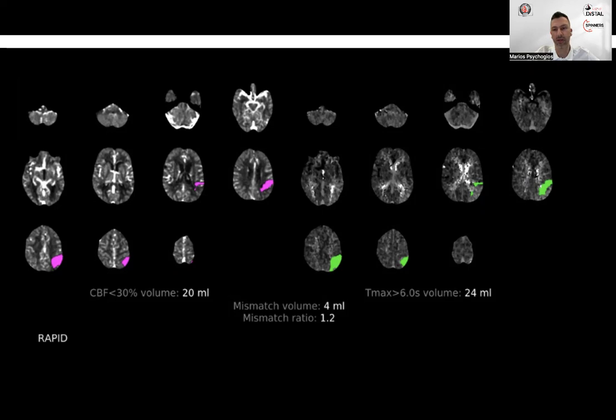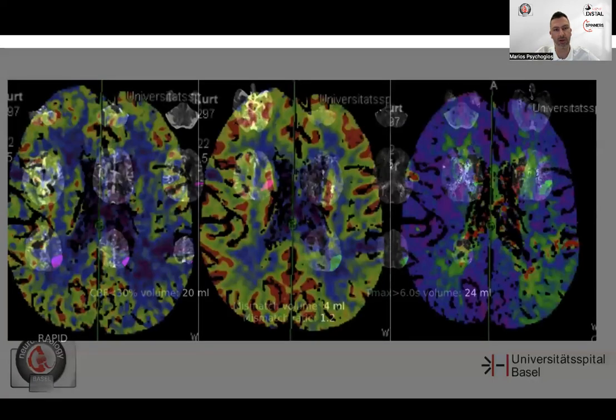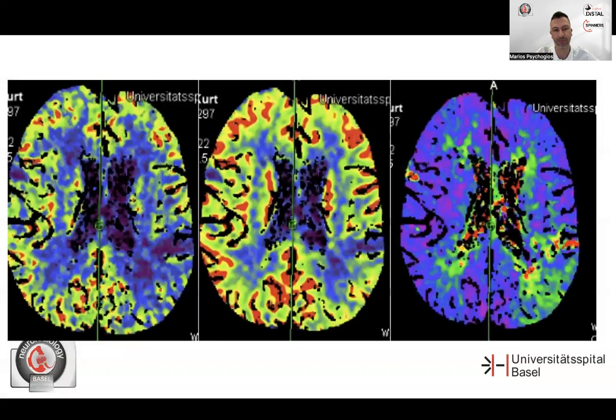What, for example, we did in the trial, I can also show you here, is the single evaluation, so the normal evaluation of the perfusion with CBF, CBV, and Tmax. We took a mismatch from perfusion maps to native CT, or the other way around, from native CT to perfusion map.